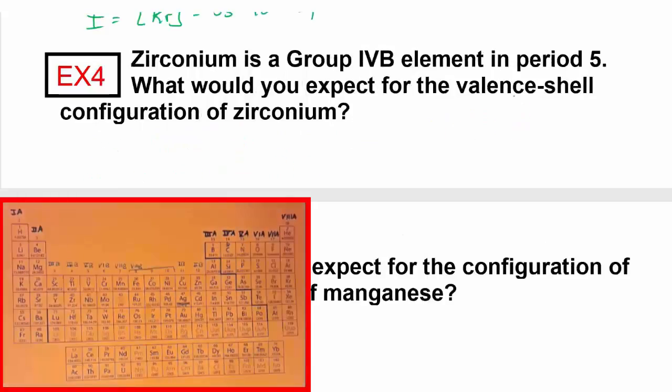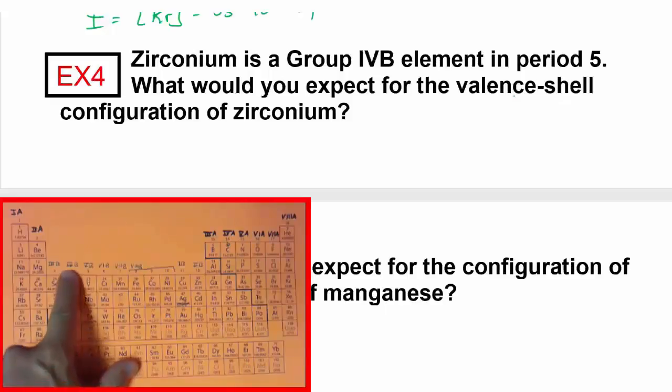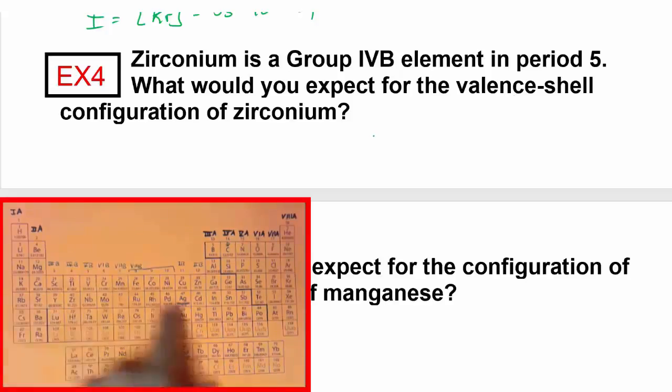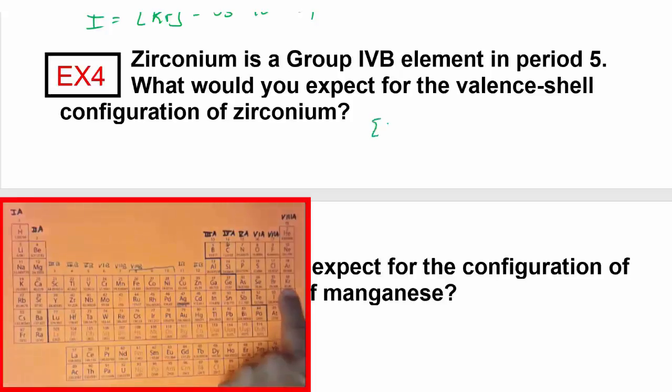Zirconium is a group 4B element in period 5. So here's 4B, there's zirconium. What would you expect for the valence shell configuration of zirconium? Let's write its noble gas core notation and cross out the noble gas and any pseudo-noble gas core that we see. For zirconium, the nearest noble gas is krypton.